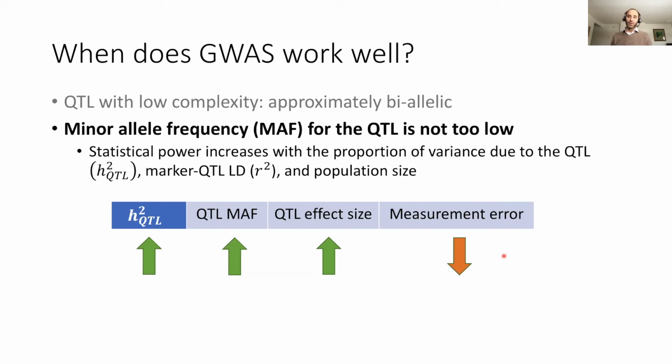So the higher the frequency of the minor allele, all else being equal, meaning if you have the same effect size and you have the same amount of measurement error, you're going to get more variance explained by the QTL. That's why it works better when you don't have QTL with very rare alleles.